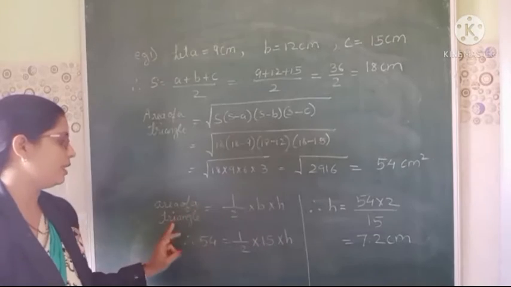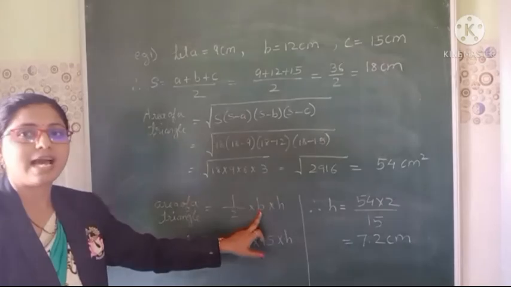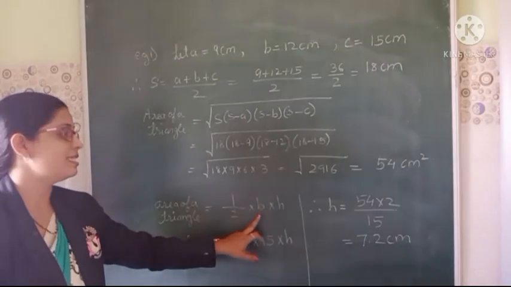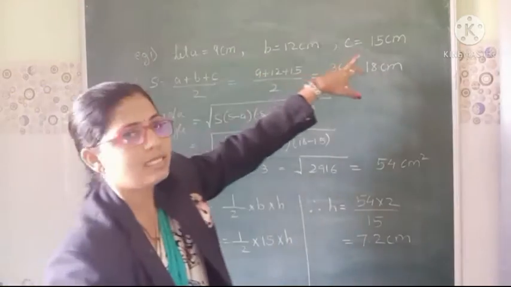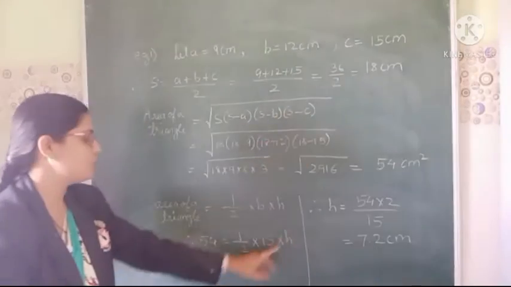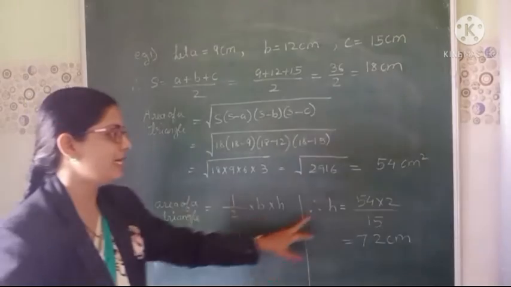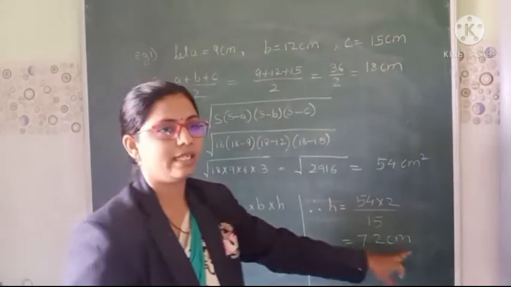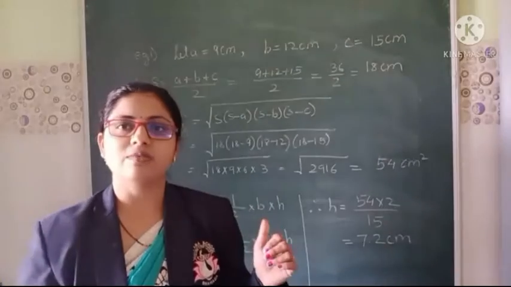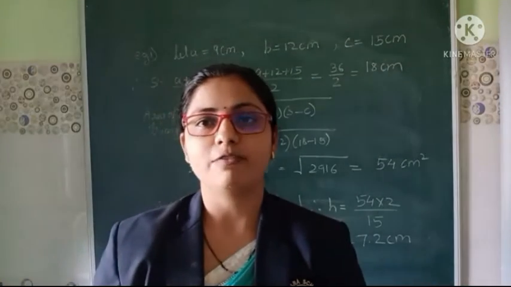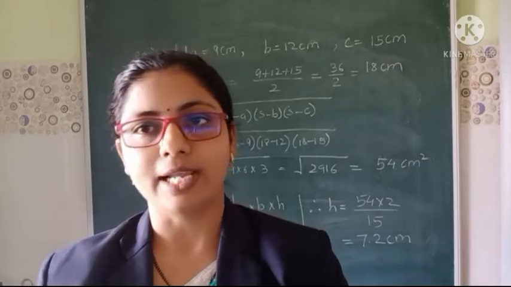Here we know the area and we know the base, the largest side they told. The largest side is 15 cm. So put the values and after calculating you will get the answer as 7.2 cm. In this way we can find the different solutions for the triangle.